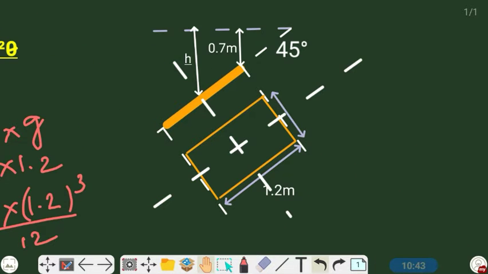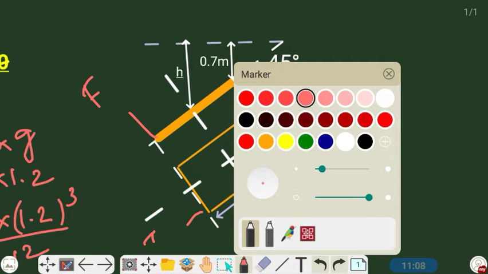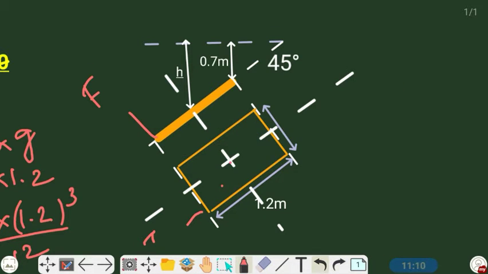We cannot comment on the center of gravity by just looking at the front view. So first, this is the top view. Is it a rectangle? The center of gravity will lie somewhere here. So we can write this is G.